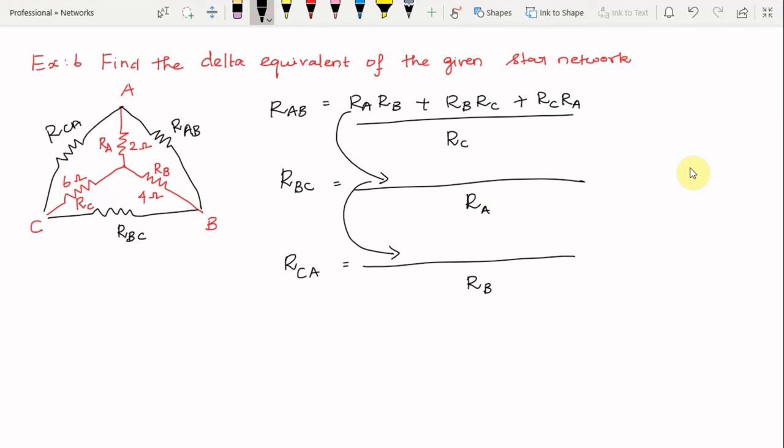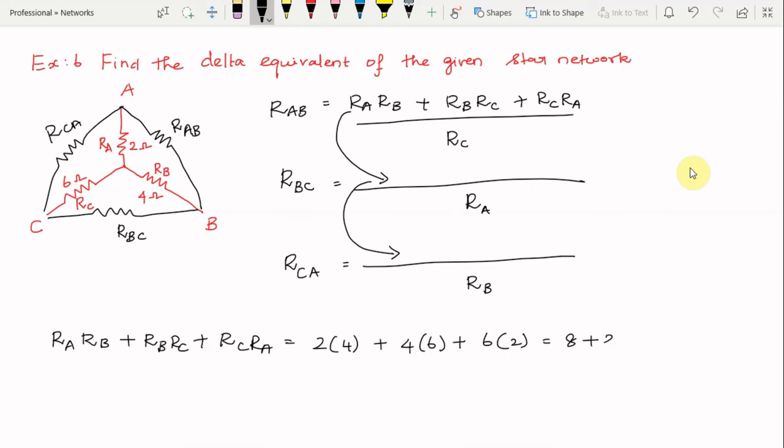So now first we will find the value of the numerator, that is RA RB plus RB RC plus RC RA. That is 2 into 4 plus 4 into 6 plus 6 into 2, that is 8 plus 24 plus 12.